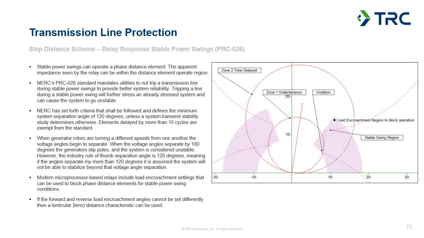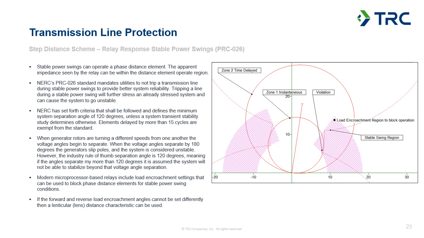Similar to the load encroachment, if that region, the stable swing region, does enter one of the protective elements that will operate faster than the 15 cycle limit, you need to do something to block that operation.